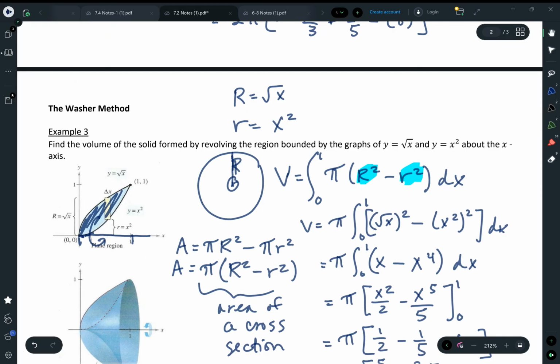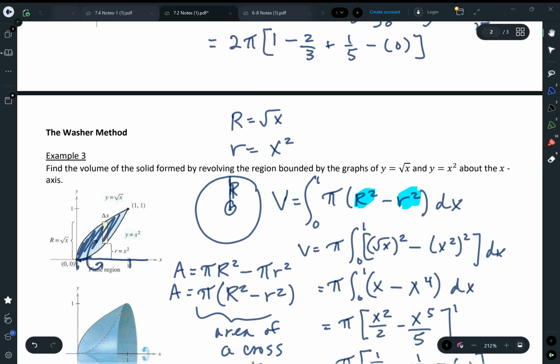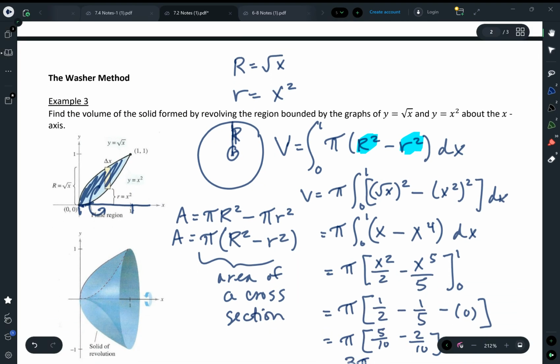And it could be an axis, it could be a line, right? It doesn't have to be the x-axis or the y-axis. We saw that with the second example. And if they don't touch up against it, it creates some kind of a gap or a hollow in the middle of our shape. And so we end up with a washer. And so we have to treat those differently depending on if we have a disc or a washer.